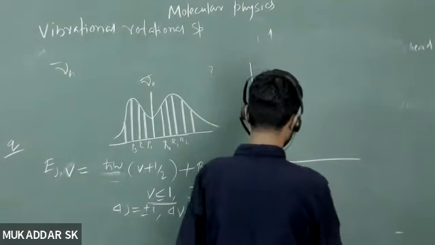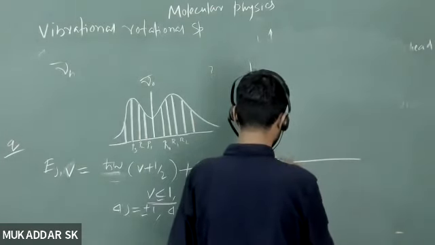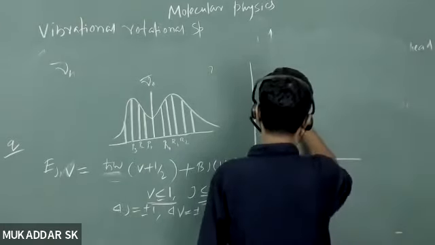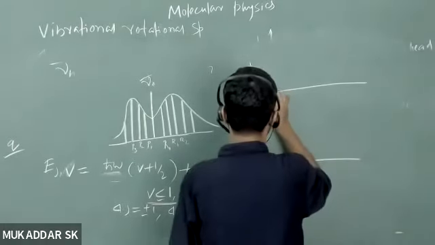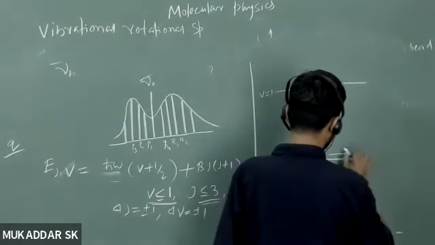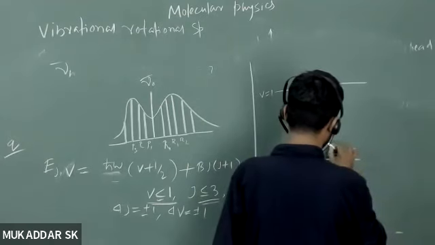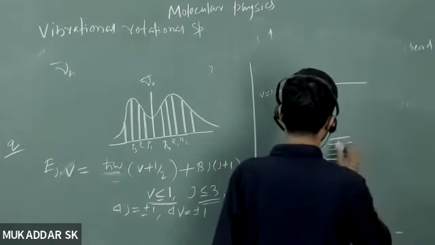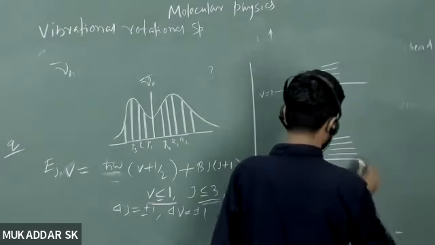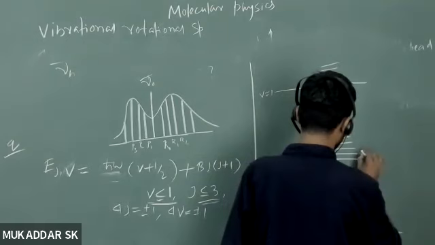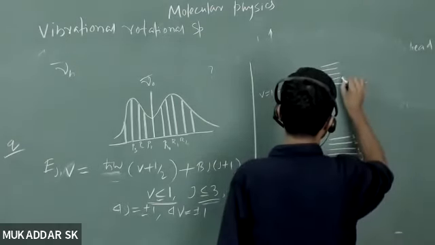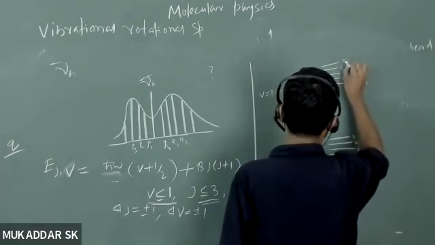So you have v equals 0 here, and v equals 1. Only these are allowed. For v equals 1, the rotational levels you can take are J 0, 1, 2, 3. Here also you can take 0, 1, 2, 3. So this is your J, right?